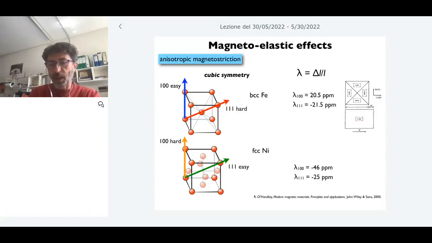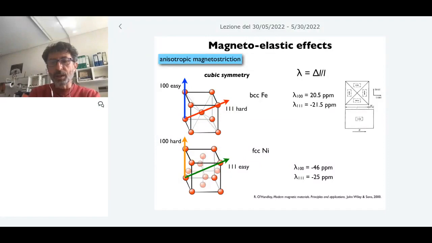So in practice, people have taken single crystals of materials of iron, nickel, and cobalt, and I mean every kind, and have measured the magnetostriction by trying to align the magnetization with respect to the crystallographic direction and to measure the deformation.